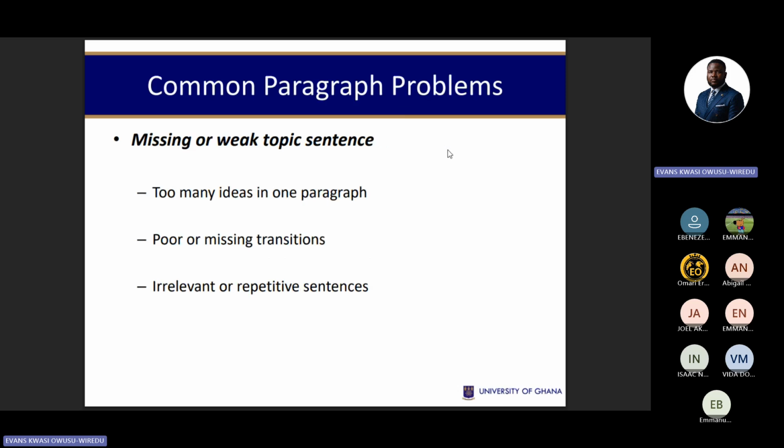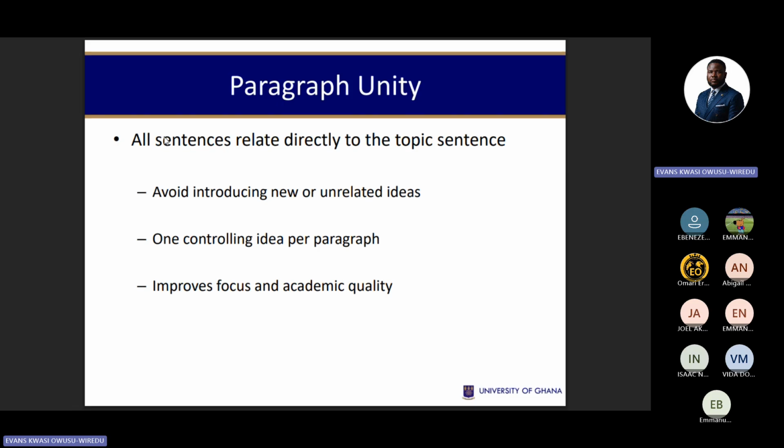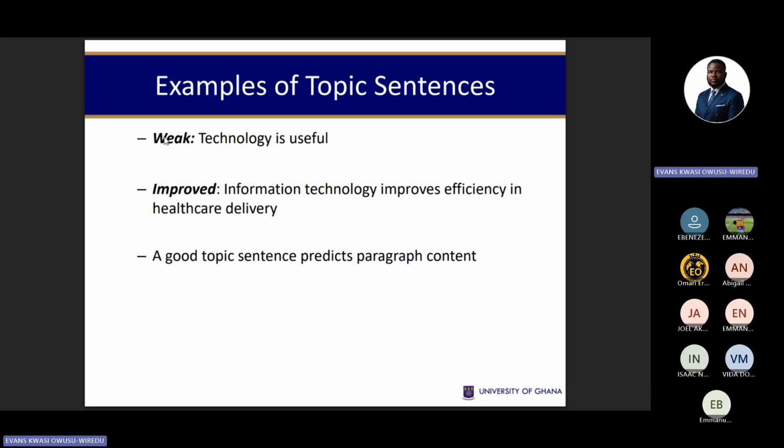Common paragraph problems. What are some of the problems in paragraphing? Missing or weak topic sentence. When we say missing or weak, as we notice here in the improved example and then the weak one, you see that this topic is very open and vague, it's not really sensible.